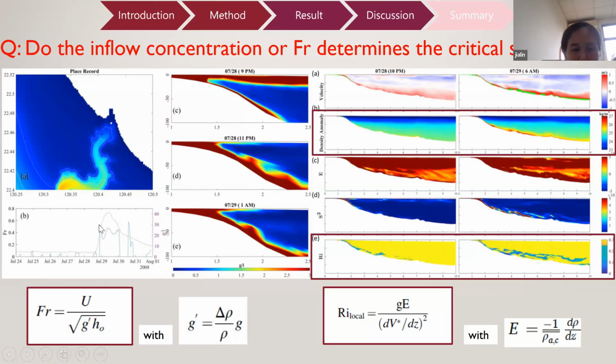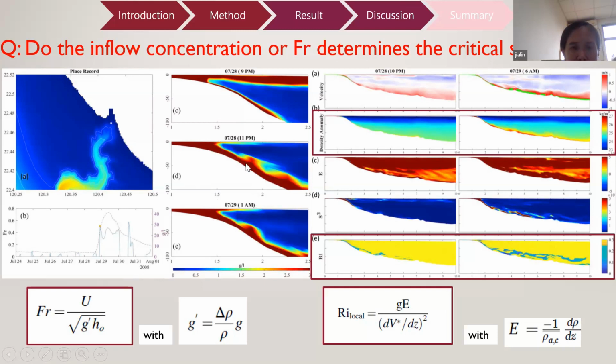We can see that even as the flow number, the blue curve, goes down and up, it doesn't seem to affect the occurrence of density current. It occurs at this orange point, and it continuously keeps running downstream.